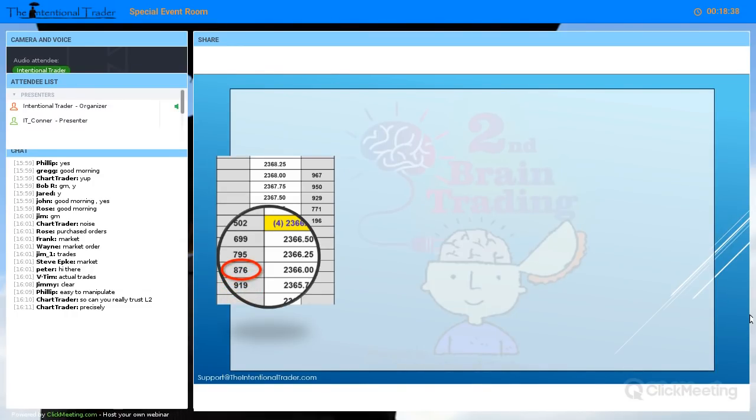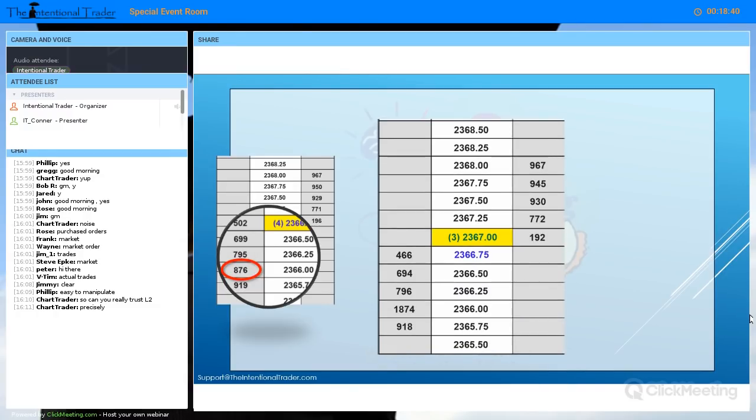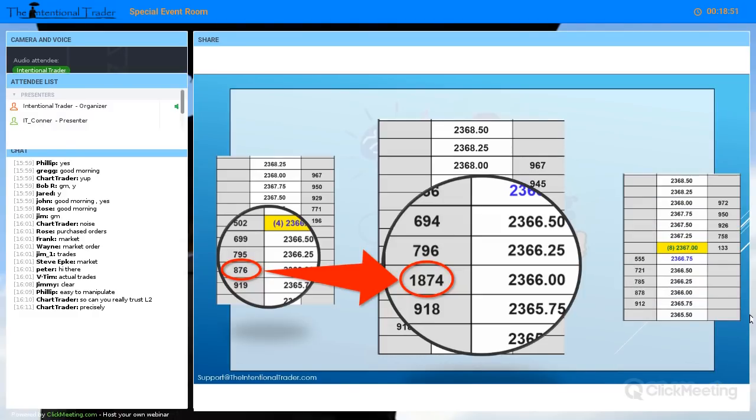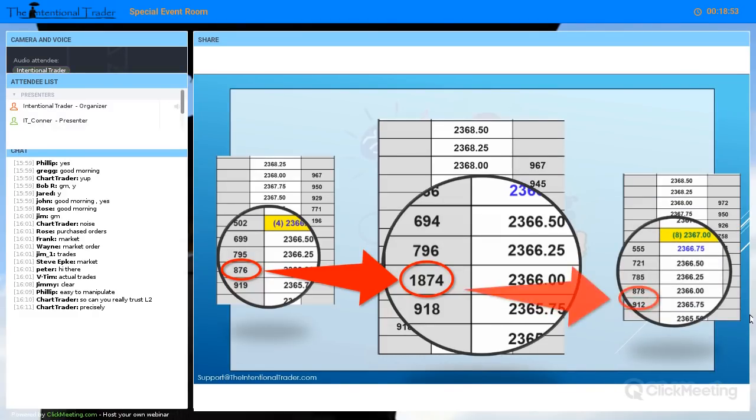Notice that number in particular. Now, just half a second later, same price, look at that number. Another half a second later, somebody put in an order for nearly 1,000 contracts, and then removed that order.